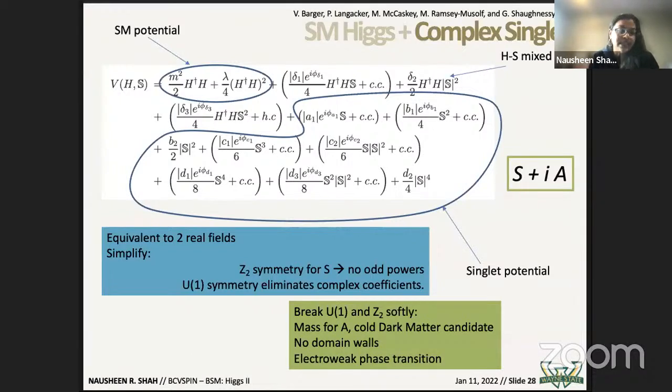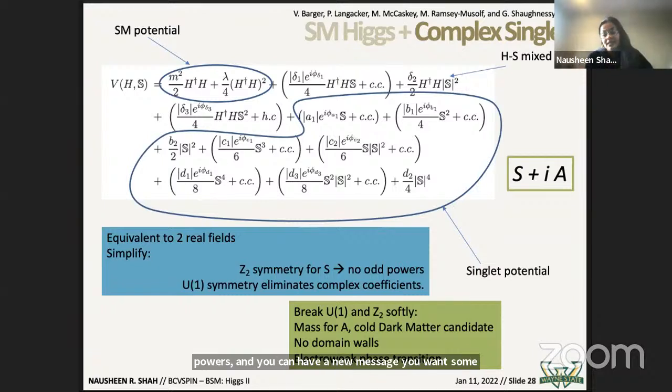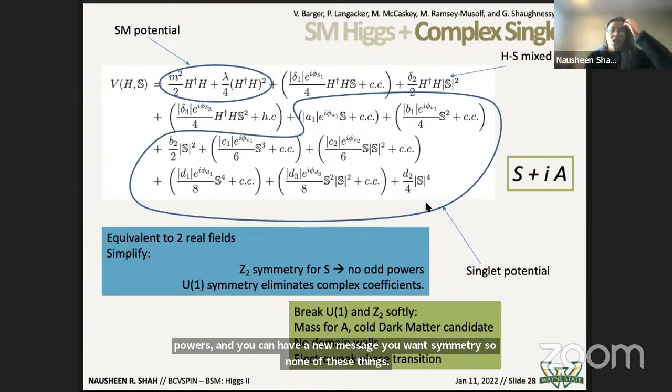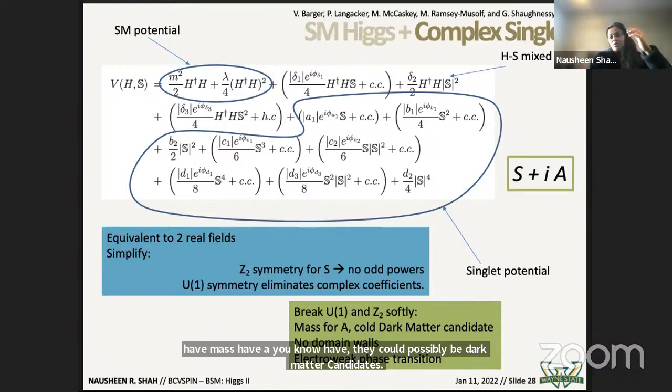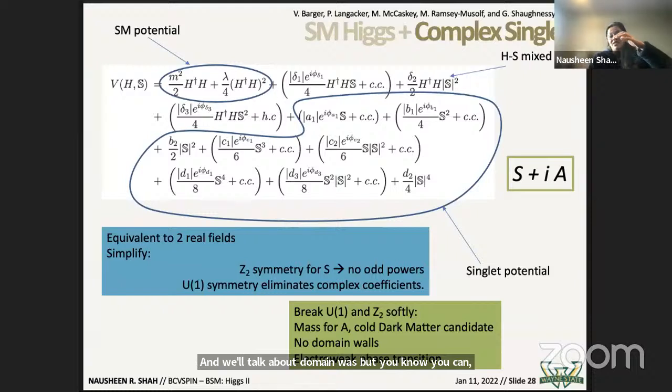So you can, for example, put in a Z2 symmetry for S. So that eliminates, for example, all of the odd powers, and you could have a U1 symmetry, so the coefficients can't be complex. Depending on if these things have mass, they could possibly be dark matter candidates. I won't talk about domain walls, but this is also a possibility to have this electroweak phase transition, which goes to baryogenesis.